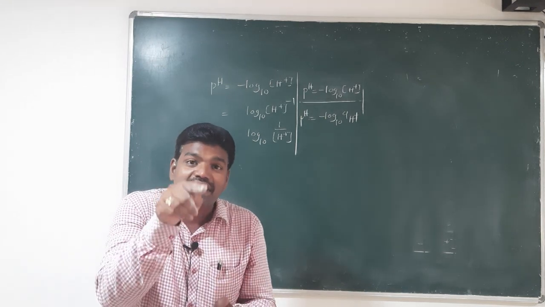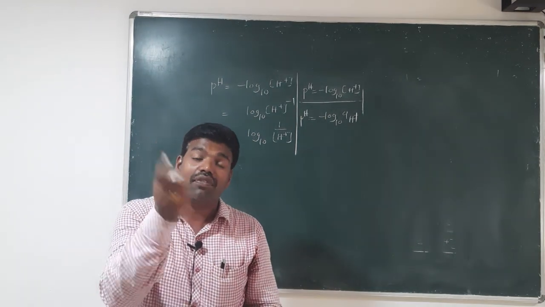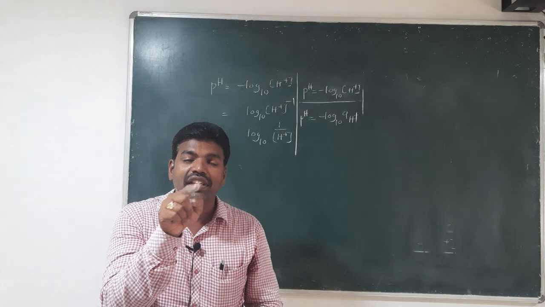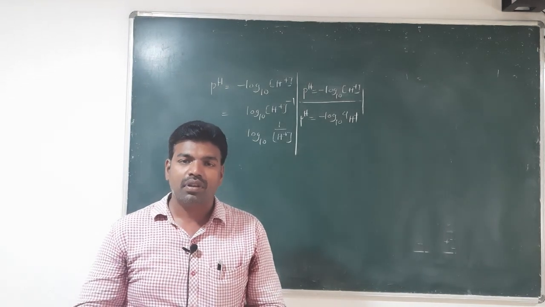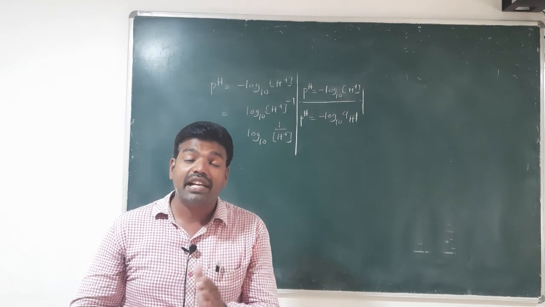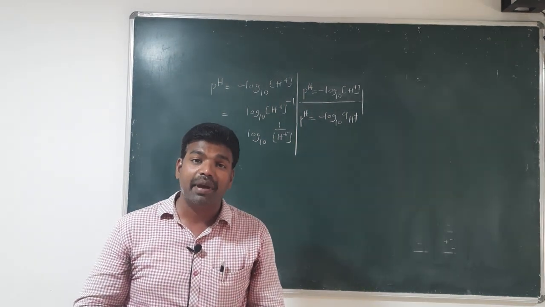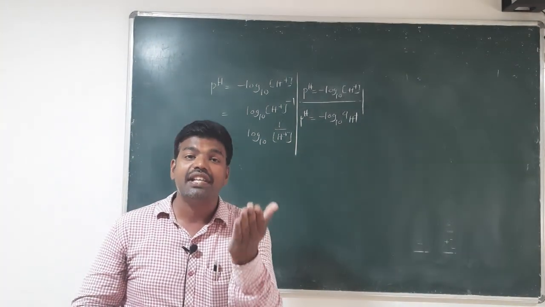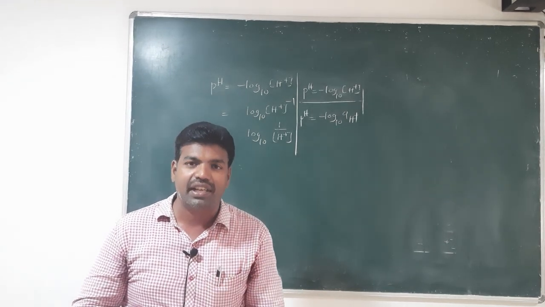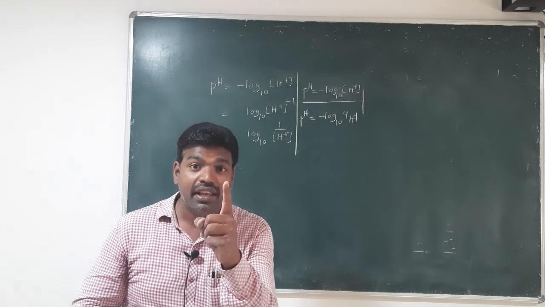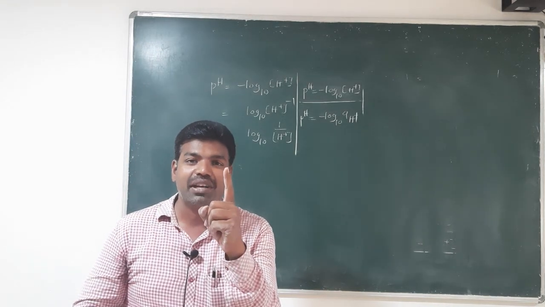So their activity decreases. But in case of dilute solutions, the activity coefficient would be 1. So activity of H plus ions can be determined by multiplying the concentration of H plus ions with a suitable activity coefficient based on thermodynamic measurements.